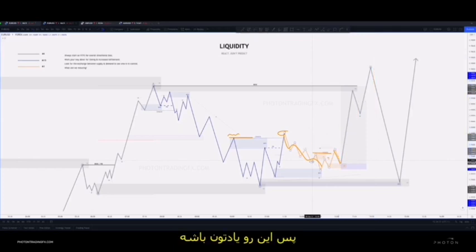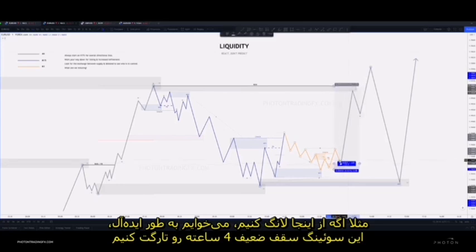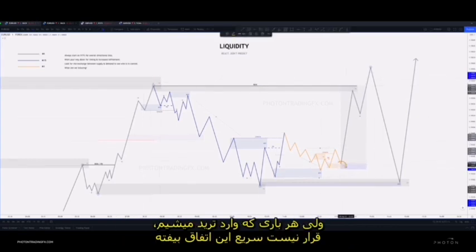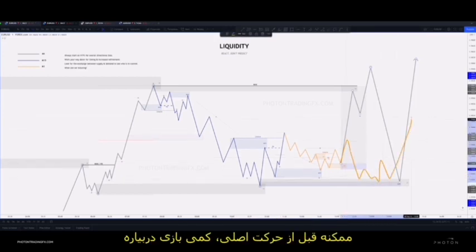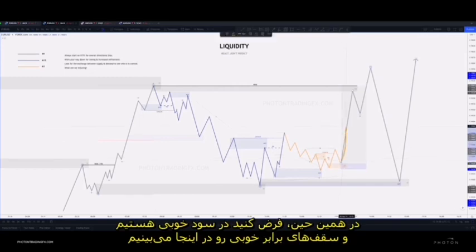So just bear that in mind now when, in the later lessons, we start to think about management of how you can use this concept. If you're in a trade, yes, we do want to target that. If we've got a long here, ideally we want to target this 4-hour weak swing high to get that higher high, but not every time we get into the trade is it going to do that straight away, right? It could come down lower, it could mess around again and go off. So what we can do in the meantime, let's say we're running really decent profits, and we see some nice equal highs over here, right?